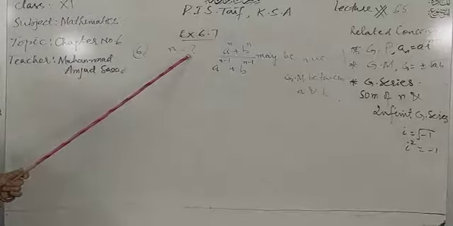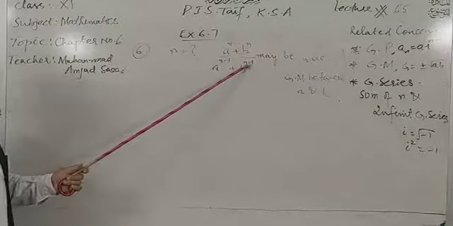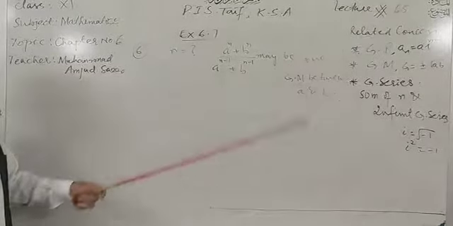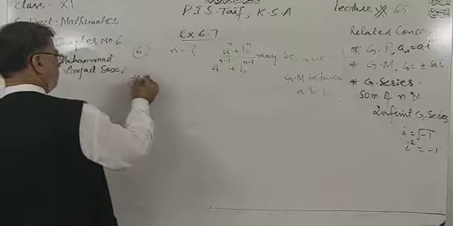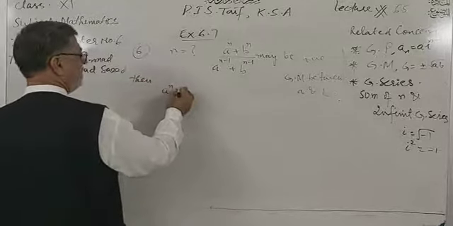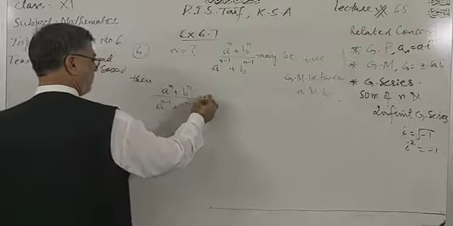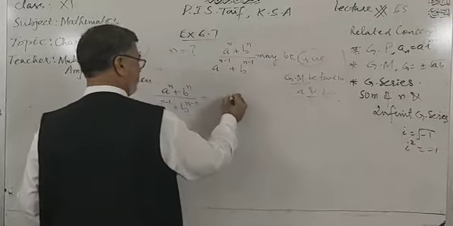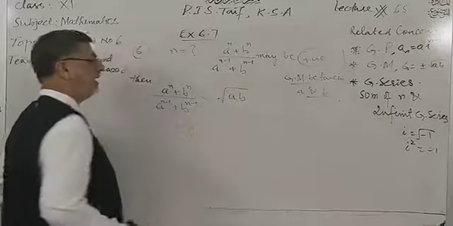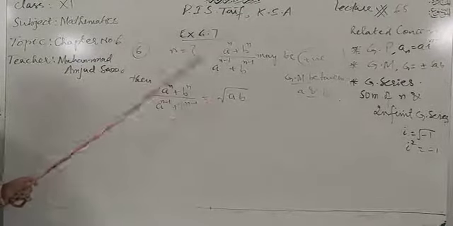Dear students, we have to find n so that (a^n plus b^n) over (a^(n minus 1) plus b^(n minus 1)) may be the positive geometric mean between A and B. Then (a^n plus b^n) over (a^(n minus 1) plus b^(n minus 1)) is equal to the positive geometric mean between A and B, meaning under root AB with positive sign, not negative.